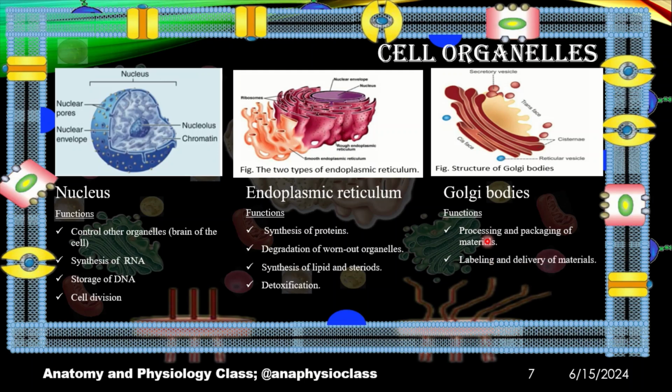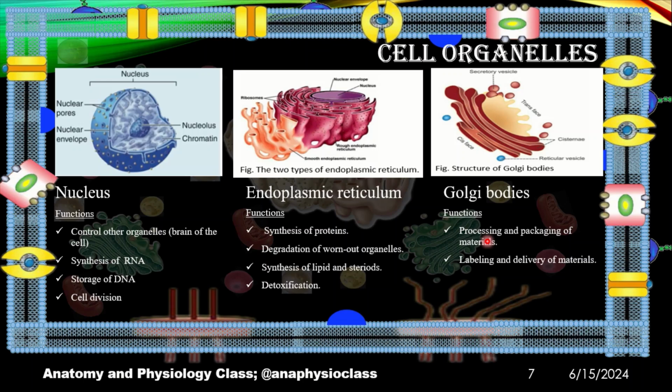Then another function is labeling and delivery of materials. It will label each and every vesicle, for example to say this vesicle contains proteins, this vesicle contains lipids, this vesicle contains hormone, this vesicle contains enzymes. It will label each vesicle to an extent that whenever it sends a vesicle to a specific organelle or specific site of the cell, that site or organelle will be able to identify that vesicle and differentiate it from other vesicles.